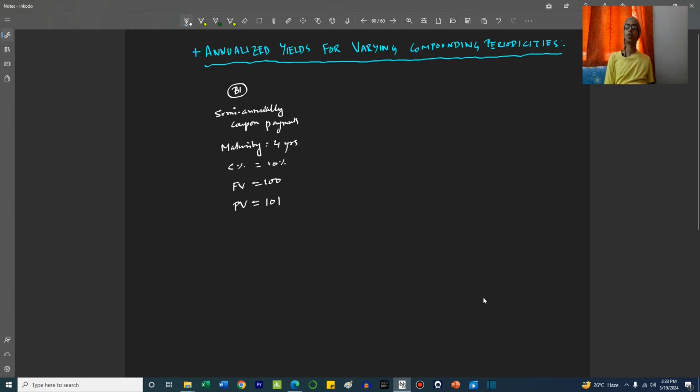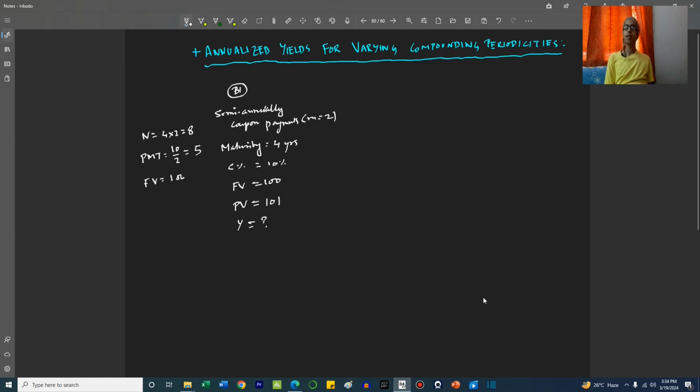Now we need to find out what is the yield of this bond. Now if it is paying coupon semi-annually, we can say periodicity or m is equal to 2. Therefore, the number of periods is 4 into 2, which is 8, and the periodic payment is 10 by 2, right, which is equal to 5.